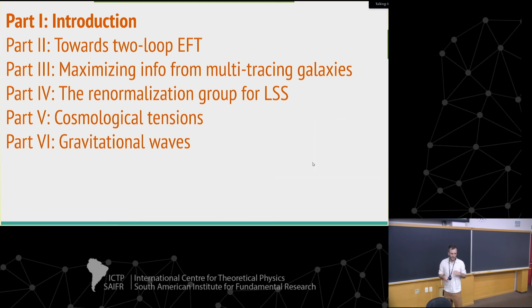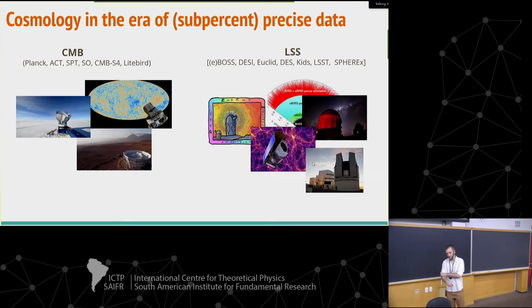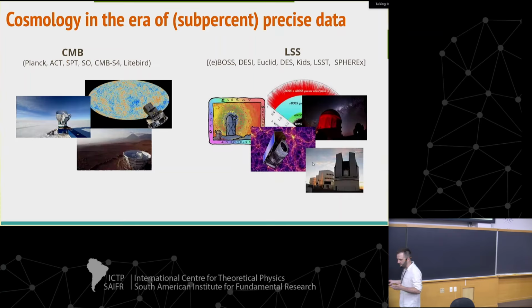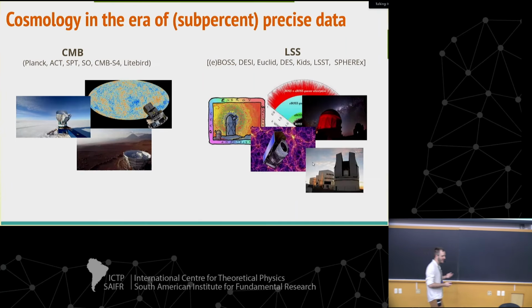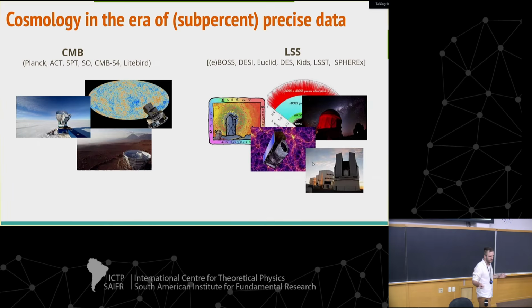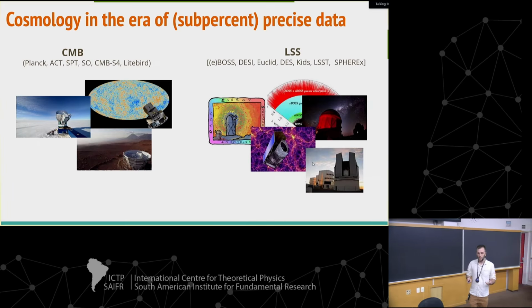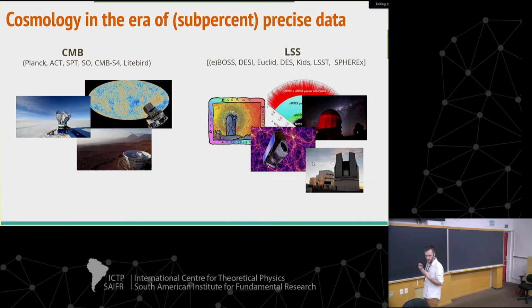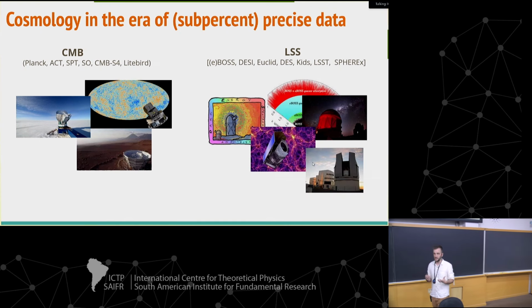Right, so let me start with the introduction. The common lore is that we have amazing data sets coming. We have CMB data, Planck, ACT, SPT, that have been providing amazing bounds in cosmology and an amazing set of information that we can use to extract cosmological parameters and test models.